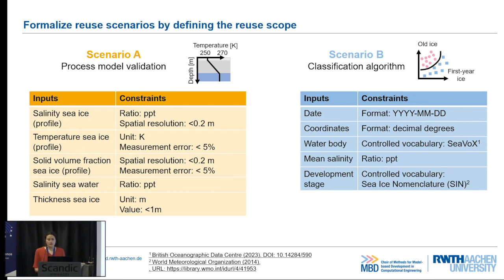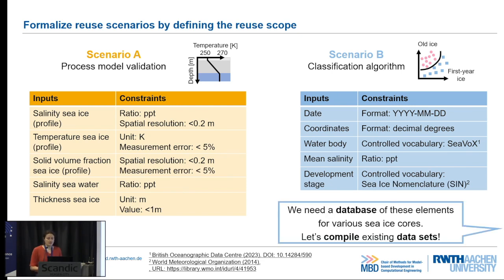There I have specific constraints, for example, a specific resolution unit, or it has to be below a certain measurement error to keep the uncertainties low. Then I need the salinity of the seawater for accurate boundary conditions. For scenario B, it is especially important that the water body and the development stages follow some specific naming, so it's not a cross-class use of names.